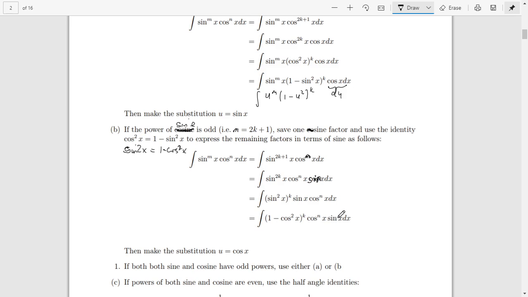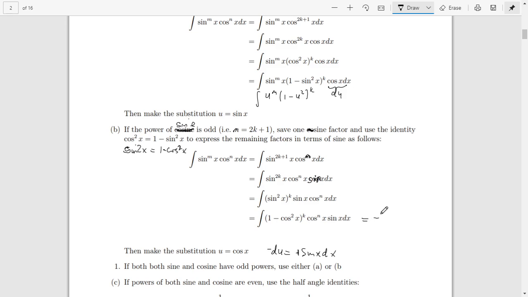So at the end of the day, when we make the substitution u is equal to cosine of x, then my du is going to be negative sine x dx. That tells me that my minus du will be equal to sine x dx.